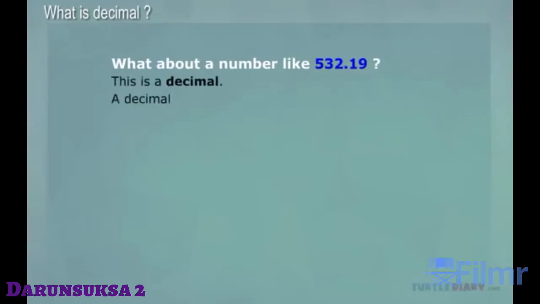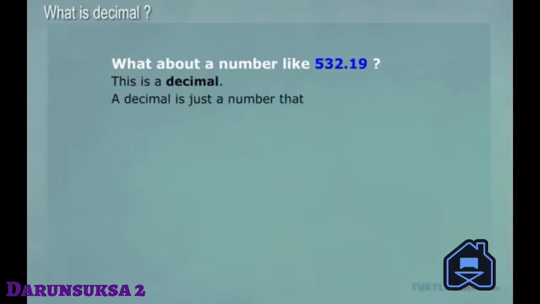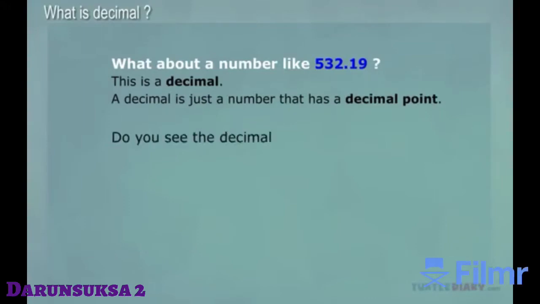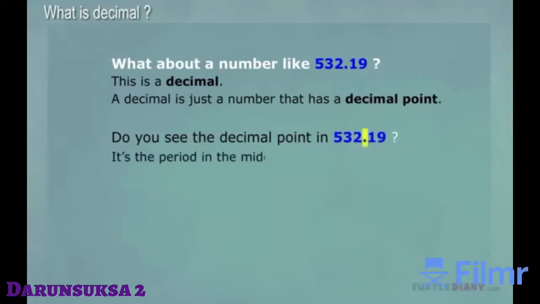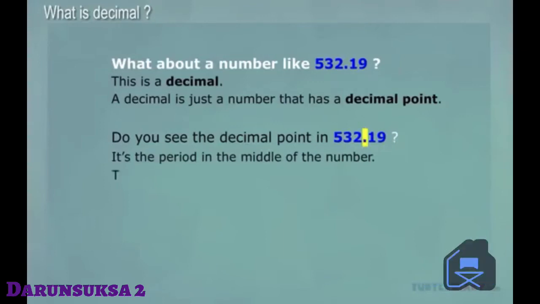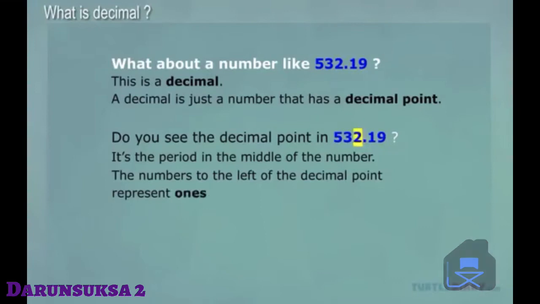A decimal is just a number that has a decimal point. Do you see the decimal point in 532.19? It's the period in the middle of the number. The numbers to the left of the decimal point represent ones, tens, and hundreds as before.